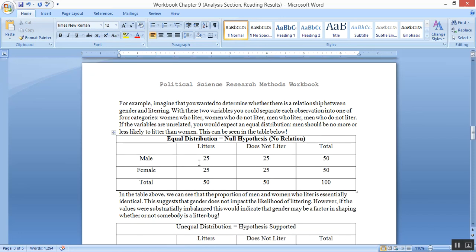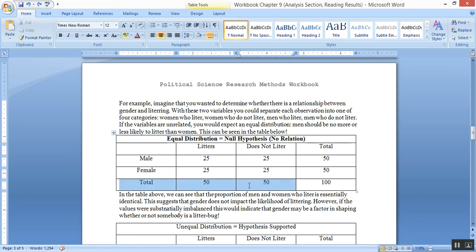In that case, we would have 25 men in the littering category and 25 women in the littering category, 25 men in the do not litter category, and 25 women in the do not litter category. That gives us the total of 50 men and 50 women, 100 observations, and our totals are going to be 50 men, 50 women, 50 litterers, 50 non-litterers.